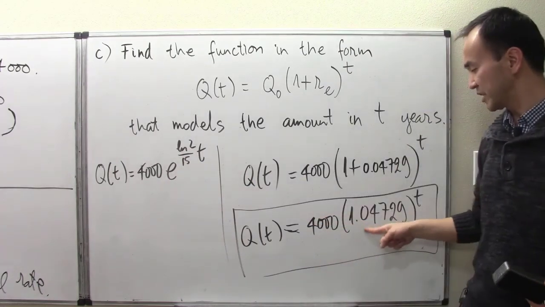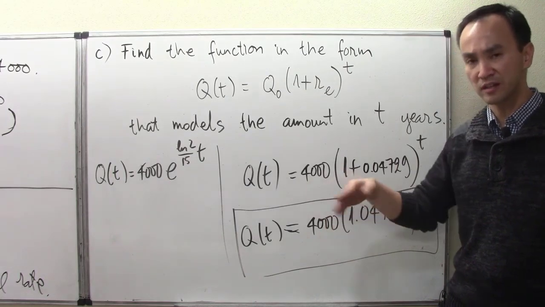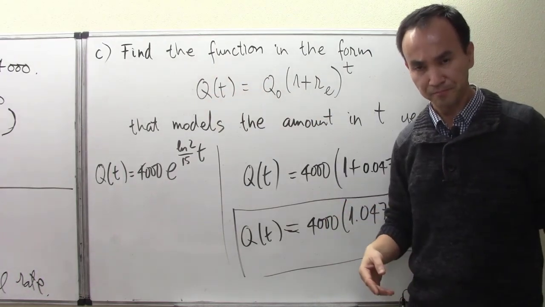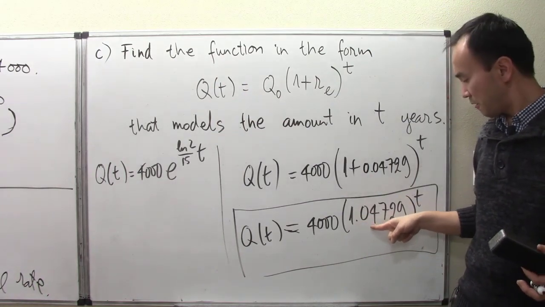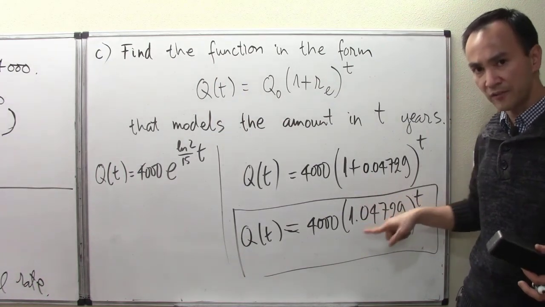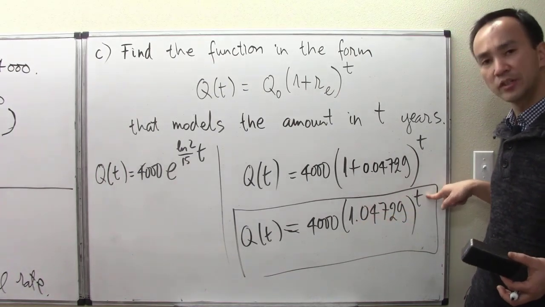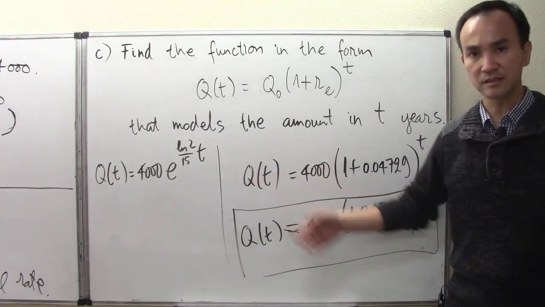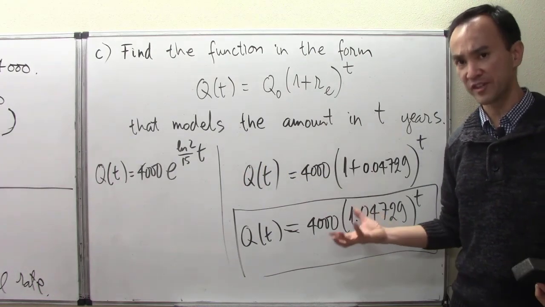Whereas with this, if you want to find out how much money you have in 20 years, it's going to be 1.04729 raised to the power of 20, then multiplied by 4,000. These are all available on the calculator. It gives the amount that you can predict quite precisely in 20 years.